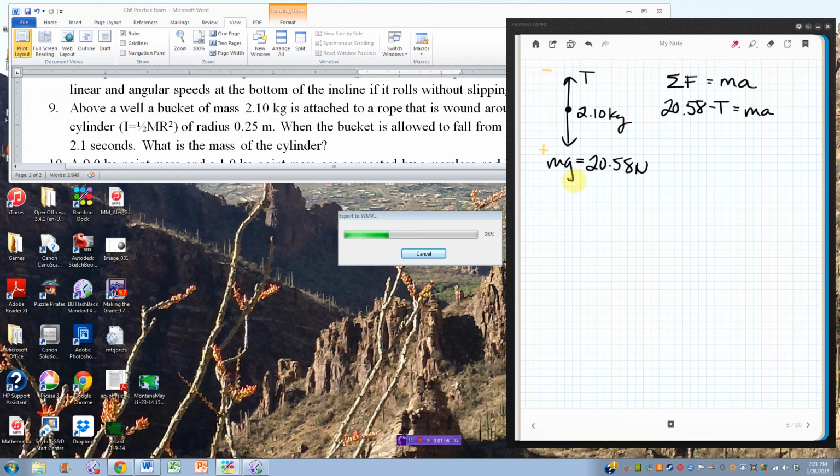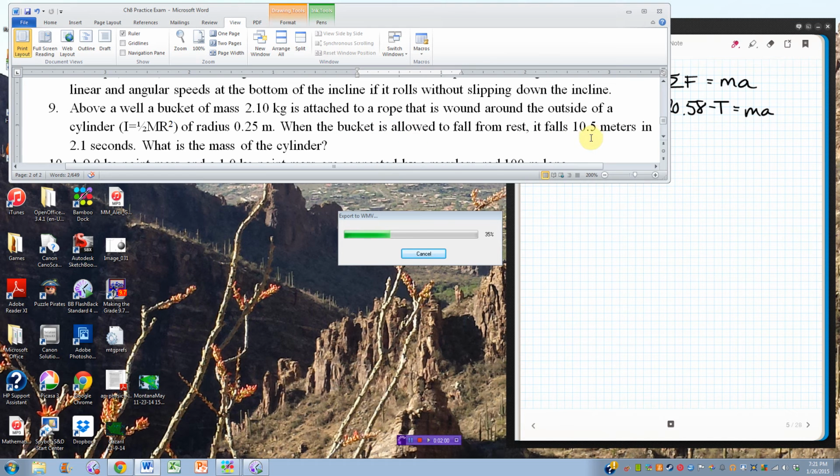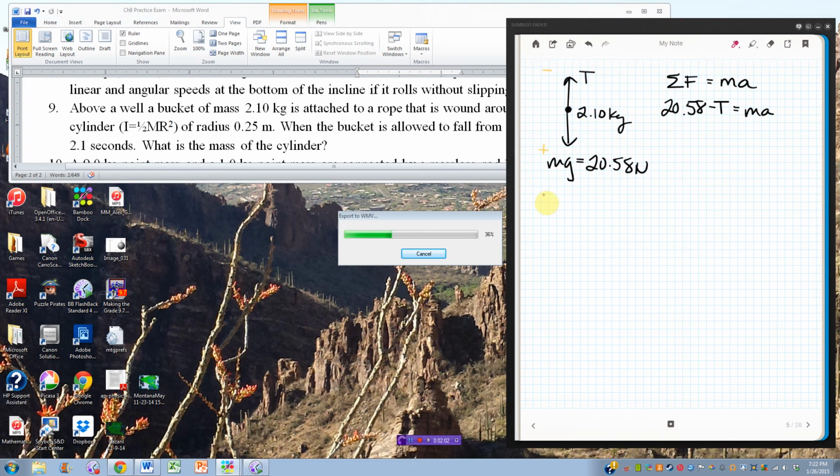So I said that this thing falls 10.5 meters in 2.1 seconds, starting from rest. This doesn't look like much, but it is enough to do a little kinematics, assuming that I start at a position of 0.